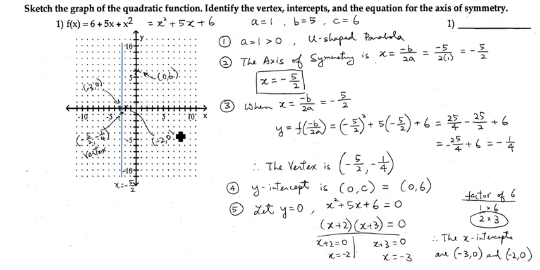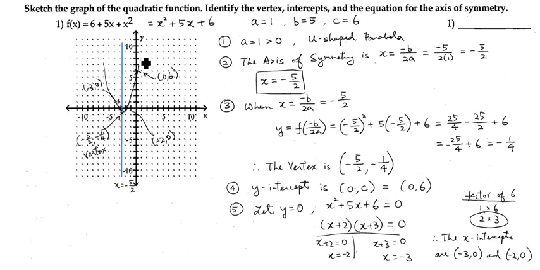So how does it look like? It would be something like this, going down this way, going down, and then going back over here. Now, sometimes we're not familiar with sketching out a curve.